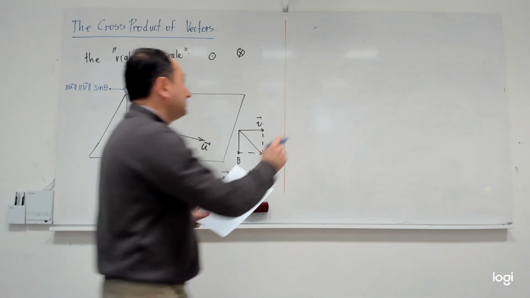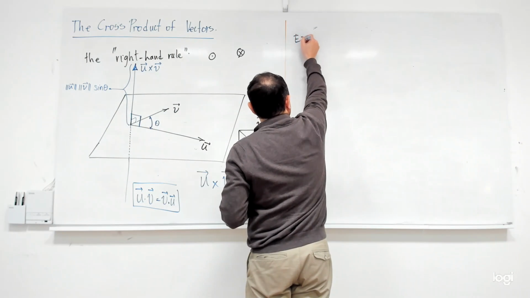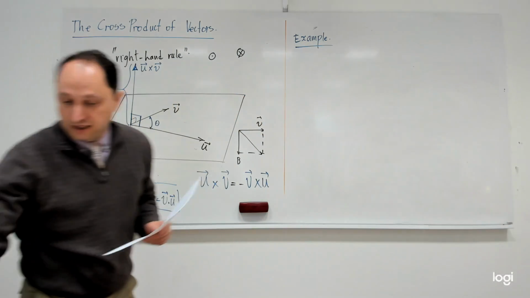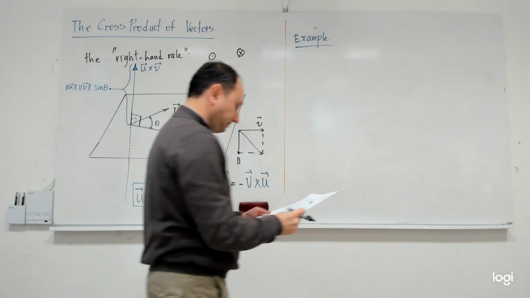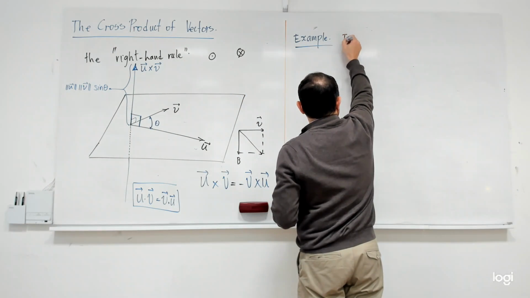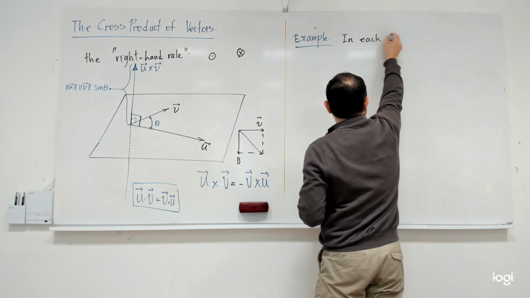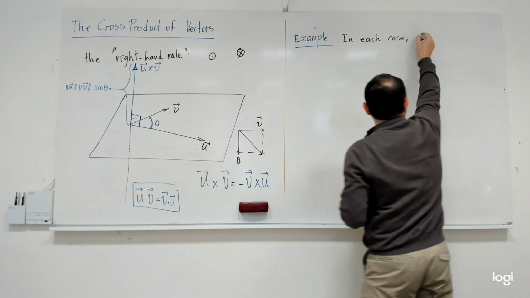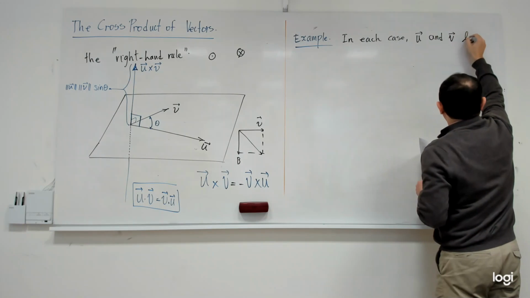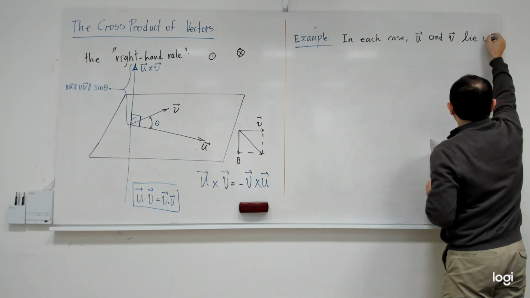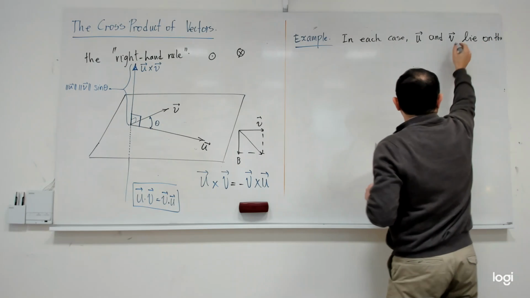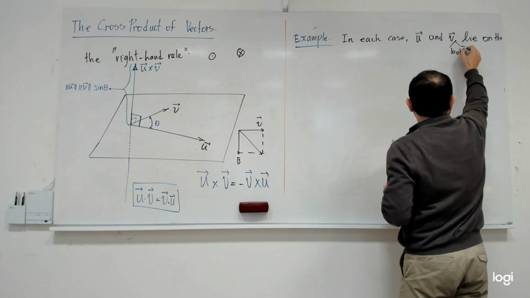So example. In each case, U and V lie on the whiteboard plane. They both lie on the whiteboard plane.